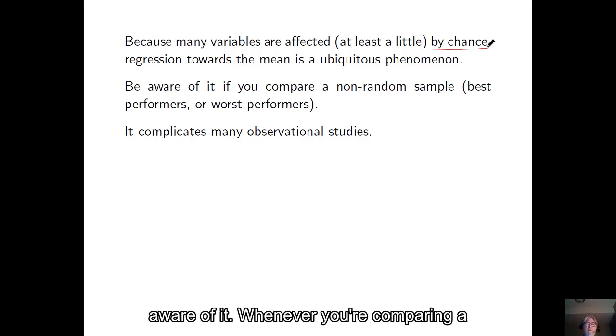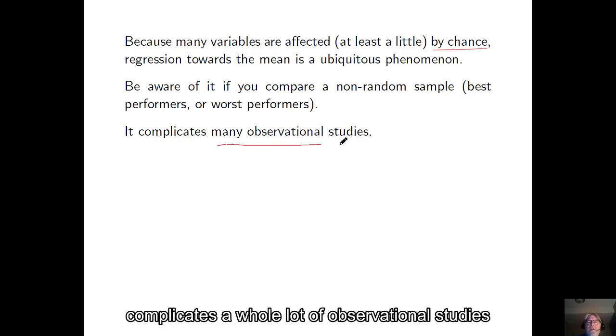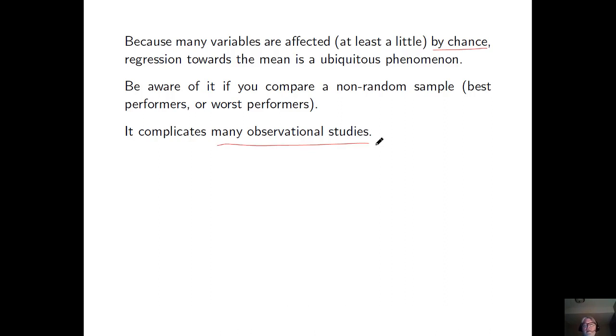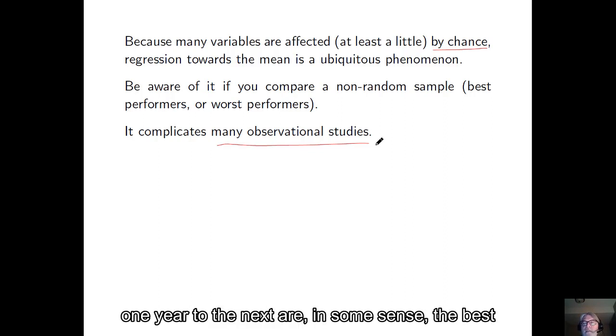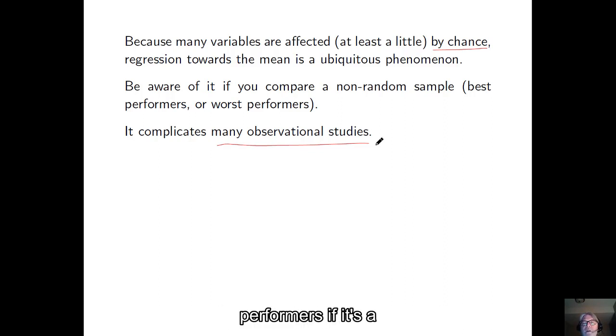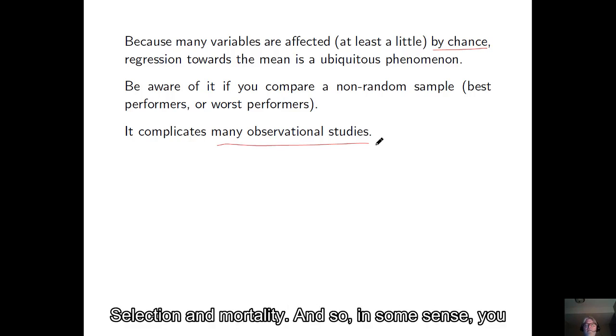So you have to be aware of it whenever you're comparing a non-random sample, like the best performers or the worst performers. And it complicates a whole lot of observational studies, particularly in ecology and evolutionary biology, where just the individuals that survive one year to the next are in some sense the best performers if it's a tough year where there's a lot of selection and mortality.